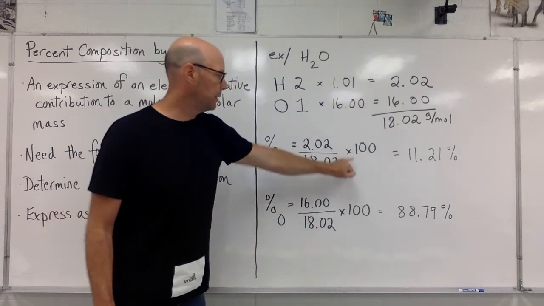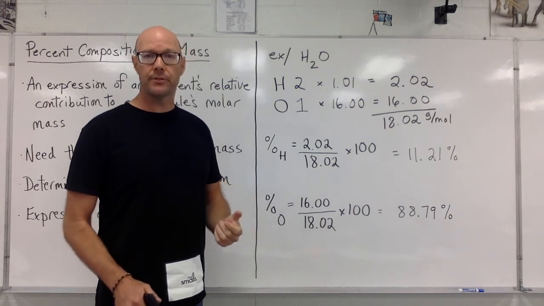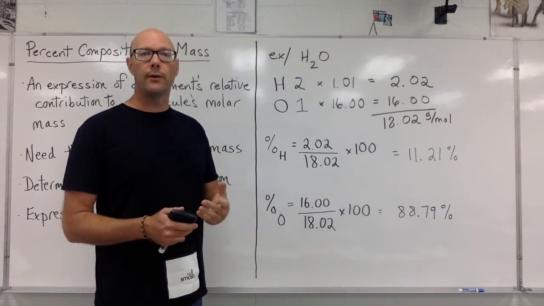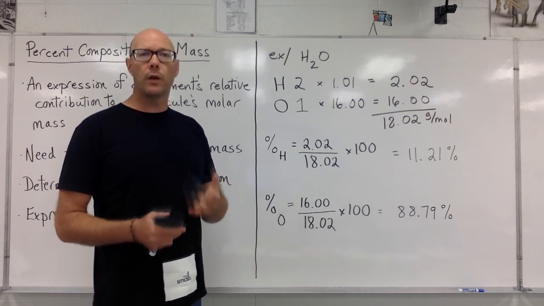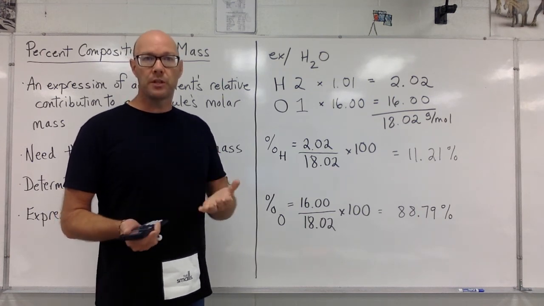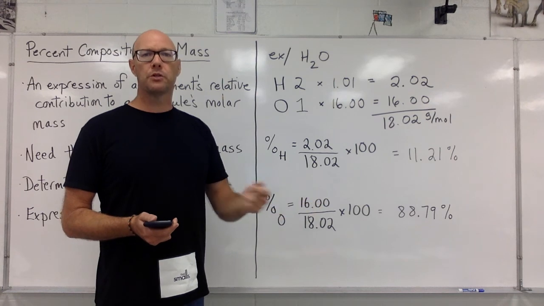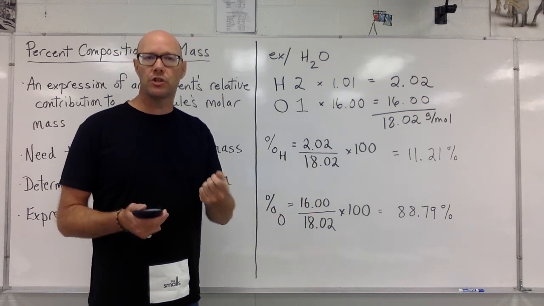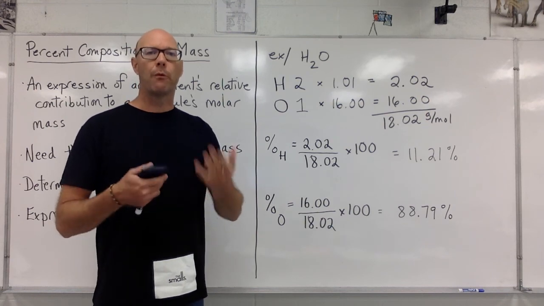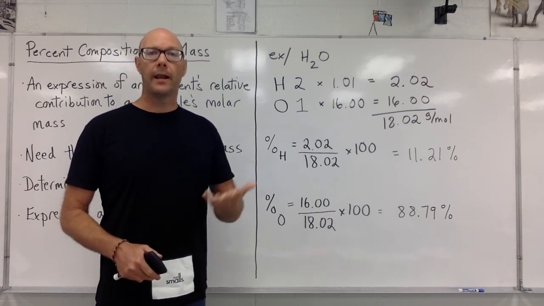Don't forget to multiply by 100. These are percents. And I would suggest rounding off to 2 decimal places, or pay attention to what the question specifically says. Sometimes you might get told to round to the nearest percent or express your answer with 1 decimal. There might be some instructions in the question that let us know how we're going to be rounding. And I hope that helps.